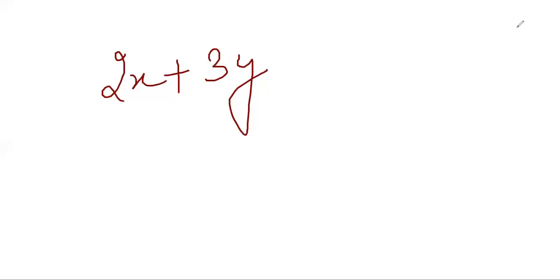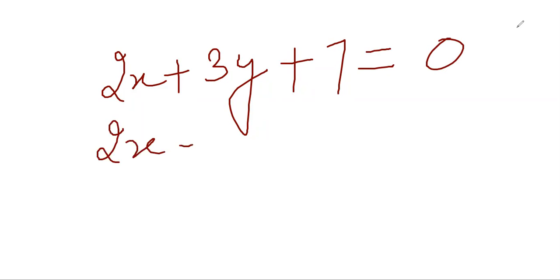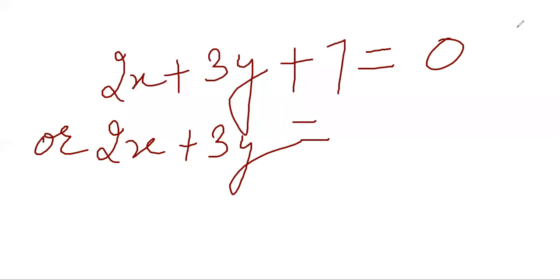Let's take some examples for linear equations now, like 2x plus 3y plus 7 equal to 0. Now this equation is the linear equation in two variables. We can write it as 2x plus 3y plus 7, or as 2x plus 3y minus 7.